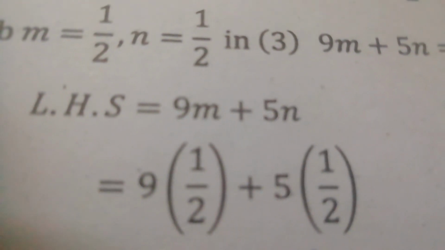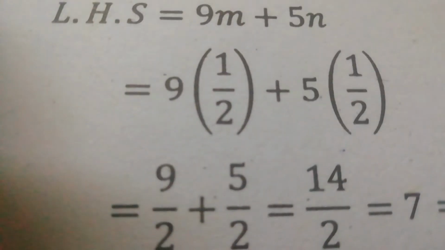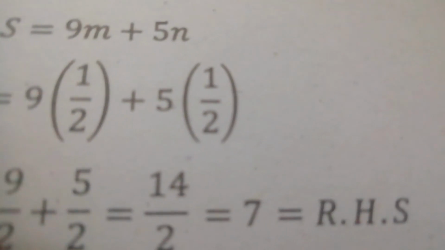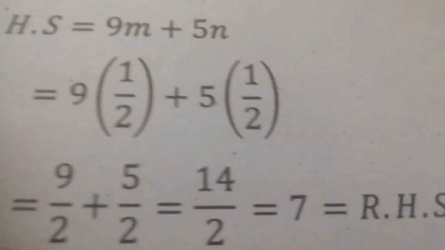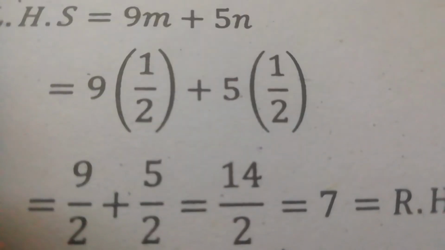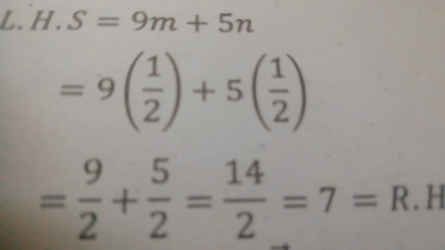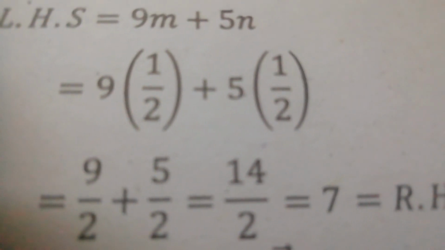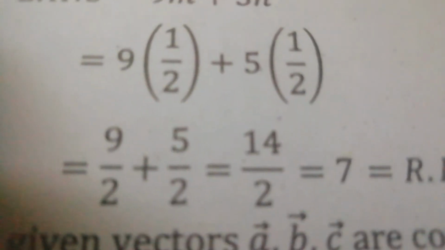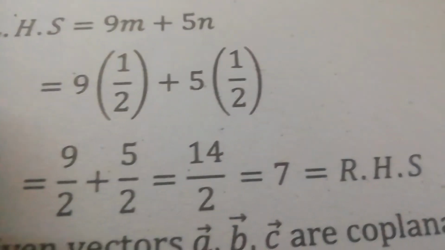LHS 9 into m plus 5 into n, so 7. And RHS is 7 only. First of all, you can solve the first two equations and get the values of m and n. That value you can substitute in the third equation. If it is satisfied, it is coplanar.